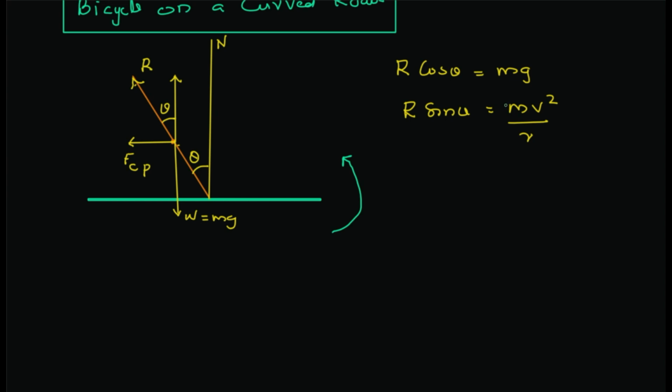Now you can divide the second equation by the first one. I mark this as 2. Here's the second equation, and here we have the first equation.